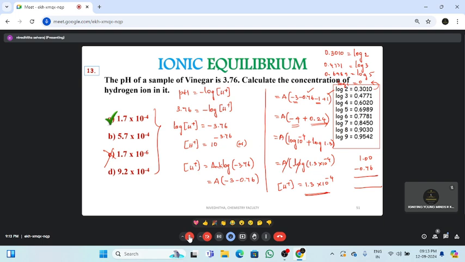See here, we got a negative sign in front of this decimal number. That is why I added minus 1 and plus 1. If there is a positive sign, then you can skip this step. For example, if we want to find the antilog of 3.76, this is easy.